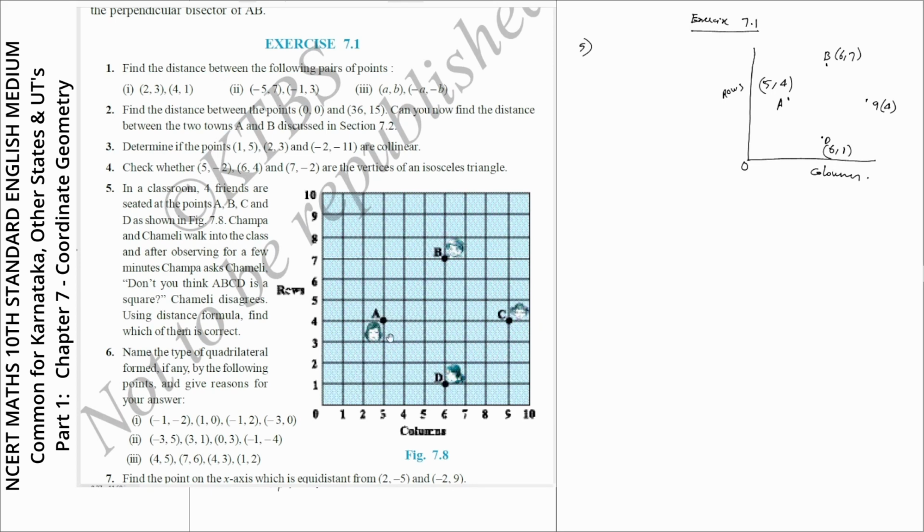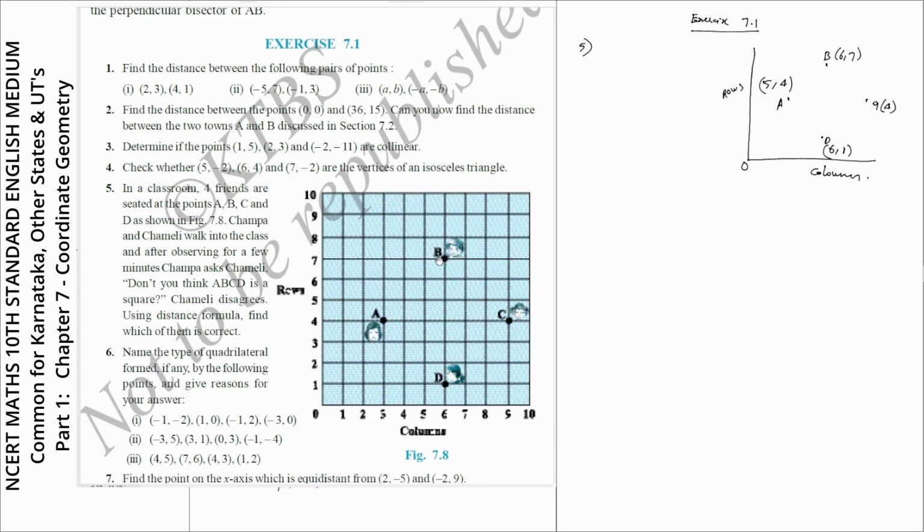See, 4 friends are sitting at places A, B, C and D. So we should check whether ABCD is a square or not. How do you find? We should find the distance between AB, BC, CD and DA. If the distances are equal, and also we should check the diagonals. If the sides are equal and if the diagonals are also equal, then ABCD is a square.